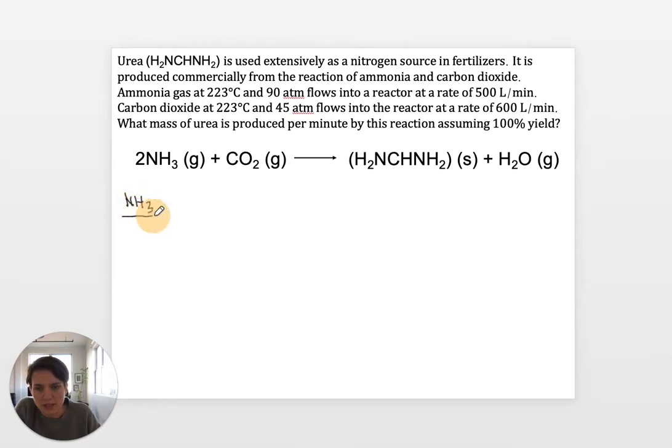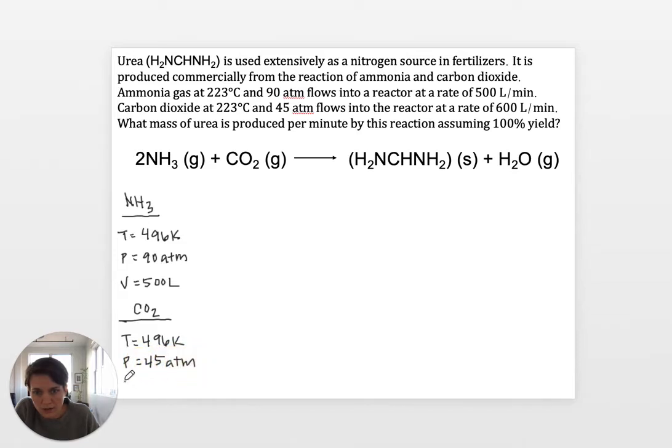For NH3 we have a temperature of 496 K, a pressure of 90 atmospheres, and a volume of 500 liters, because we're asked how much is produced in 1 minute and our rate was per minute. For CO2, the temperature is the same, the pressure was 45 atmospheres, and our volume is 600 liters.